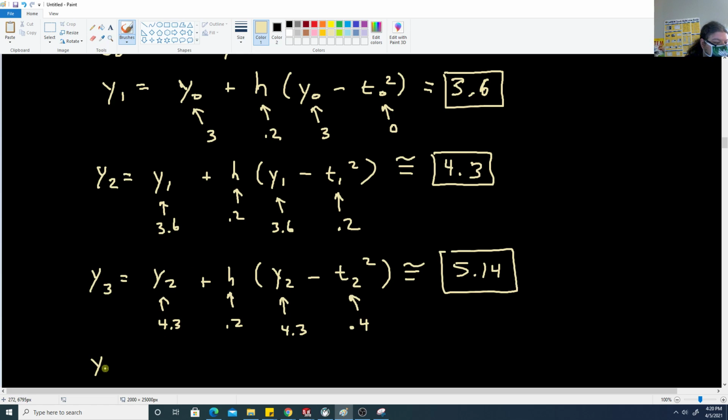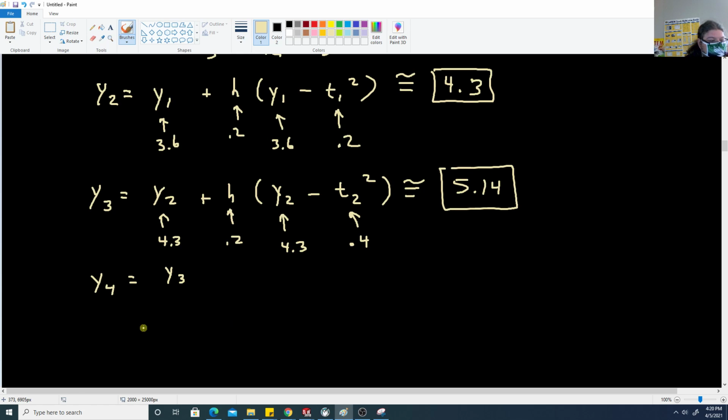And the final one will be y4, which is going to be based off of y3, which we just said was 5.14, plus our time step, which is still 0.2, times our function evaluated at the previous step. y3 we just figured out was equal to 5.14.